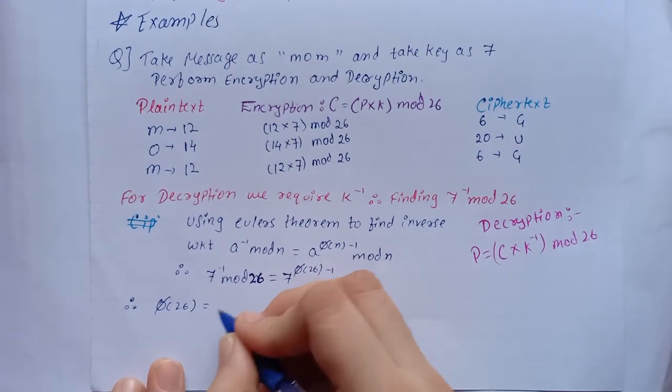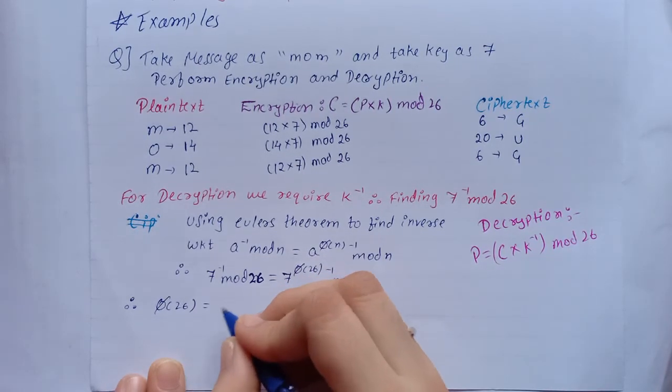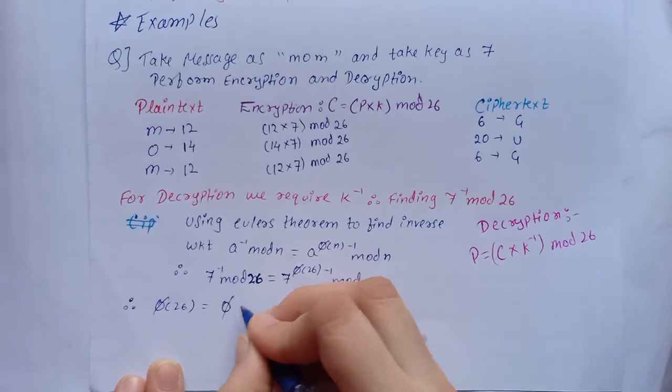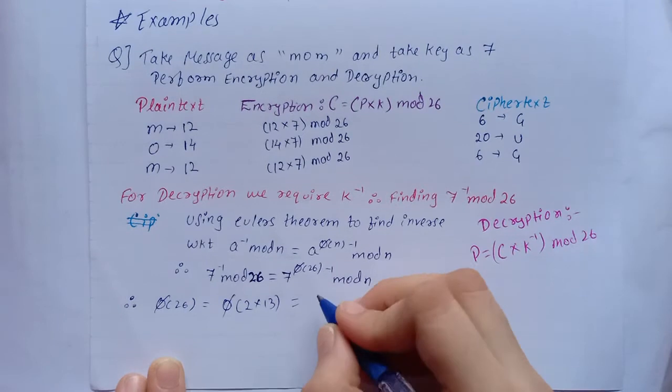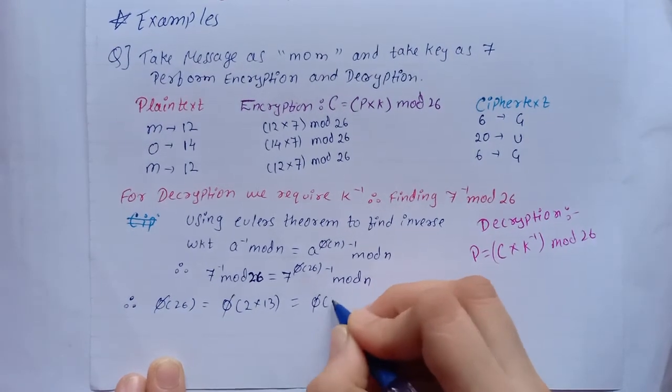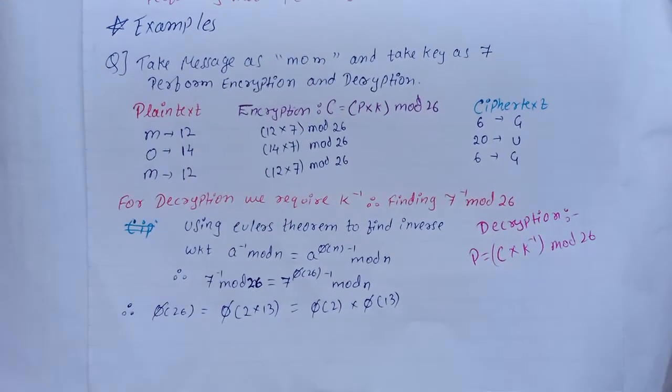We will find phi of 26 using Euler's totient function. So we can write phi of 2 into 13, so it will be phi of 2 into phi of 13.